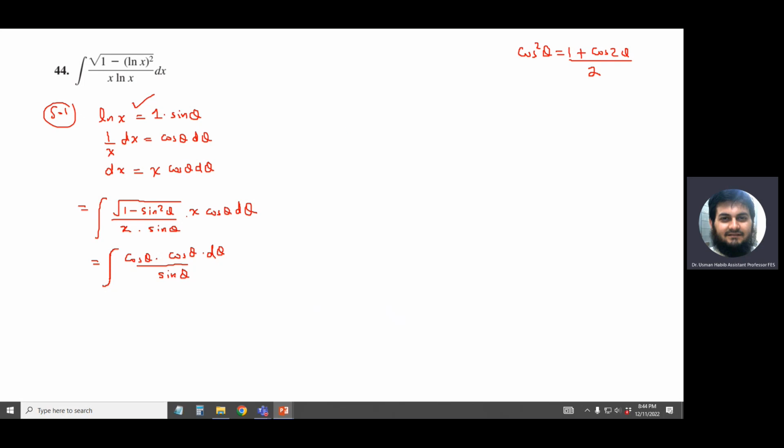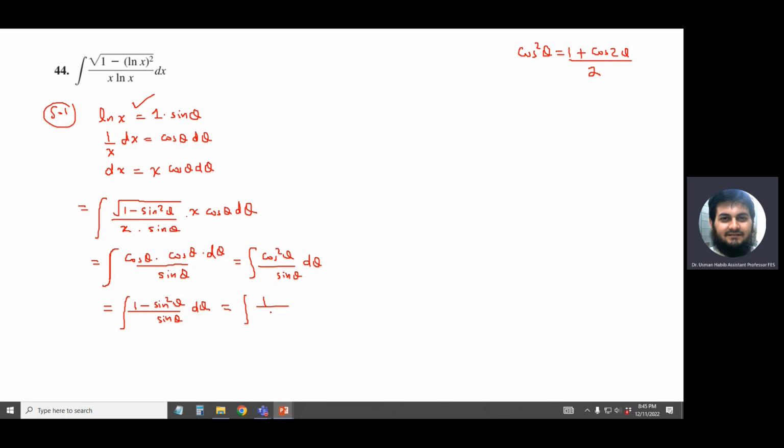But here we got this sine of theta as an extra thing. So this becomes cos square theta divided by sine theta into d theta. Again, there are multiple ways to solve this. I'm going to go with the basic identity, which is 1 minus sine square of theta, because I know that I can cancel some of the terms and make this much easier to solve.